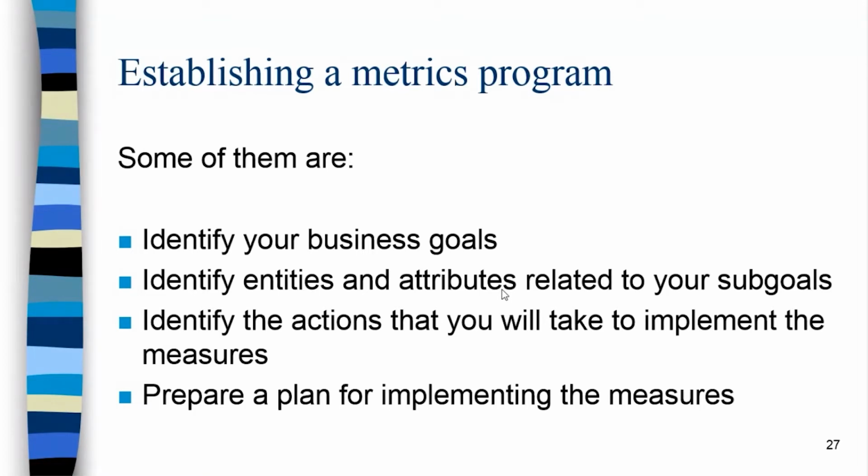We have to identify the sub-goals, and identify the entities and attributes related to those sub-goals. We have to formalize the measurement goals. We have to identify the quantifiable questions and the related indicators that we will use to help achieve the goals we have set.